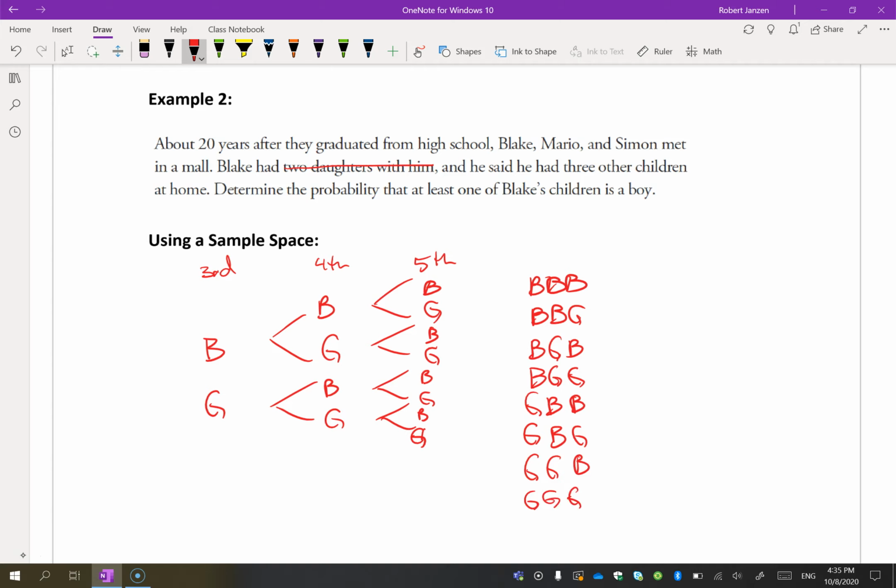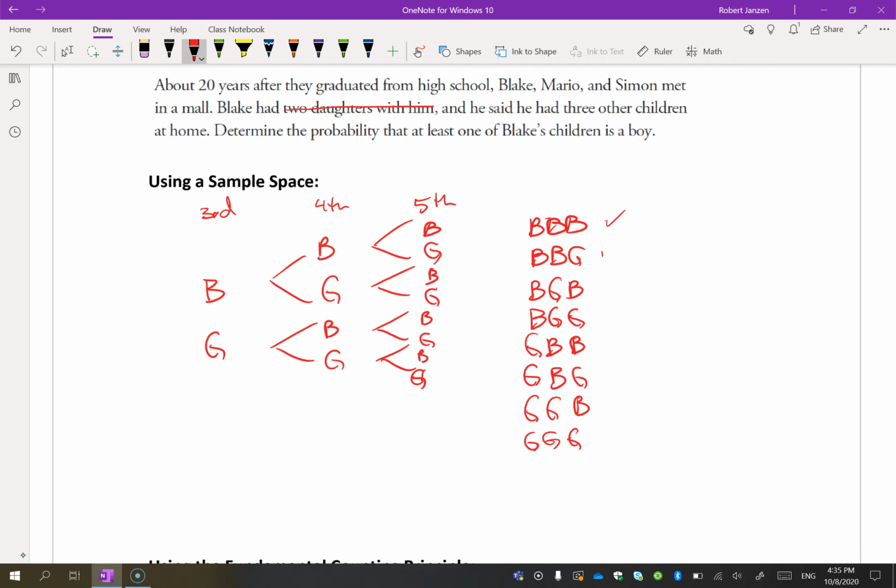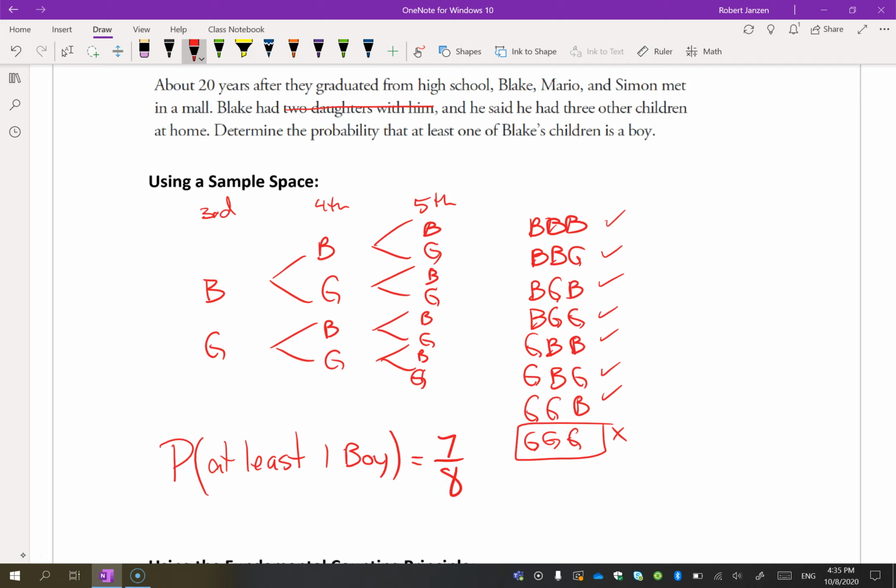Okay, and the question says determine the probability that at least one of Blake's children is a boy. Well, all of these situations will give him a boy. Only this one would mean he'd have 5 girls. So what is the probability of at least one boy? Well, you can see that it looks like 7 out of the 8 gives him at least one boy. So that's using a sample space.